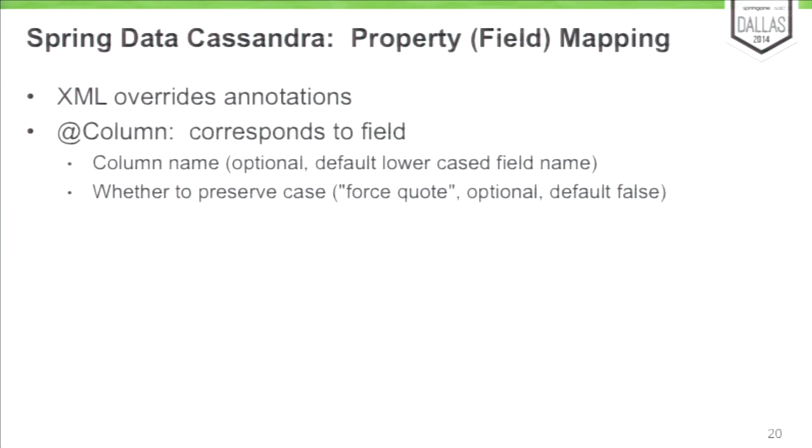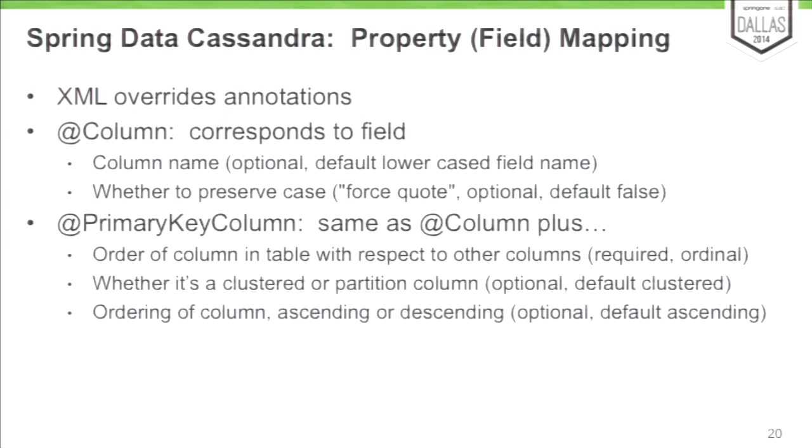In Spring Data Cassandra, or all the Spring Data projects, these are generically referred to as properties. JPA calls them attributes because they could be fields or properties. I just call them fields. You can specify the column name and, again, whether or not to preserve case. Also, remember, primary key columns are important. You have to identify partition keys and cluster keys.